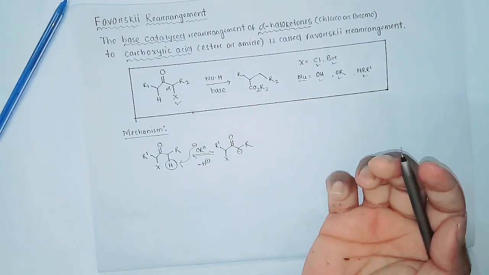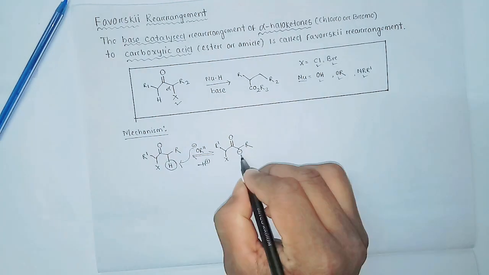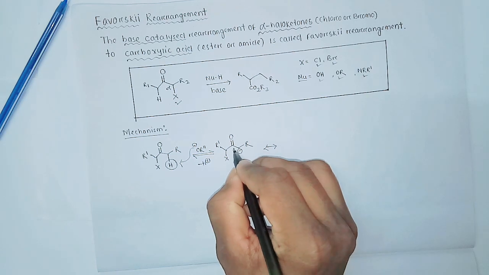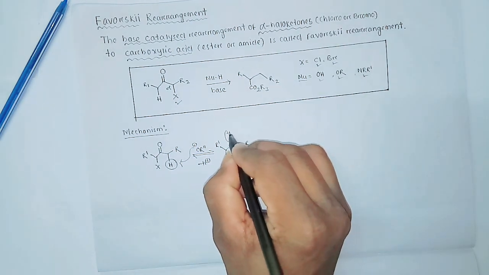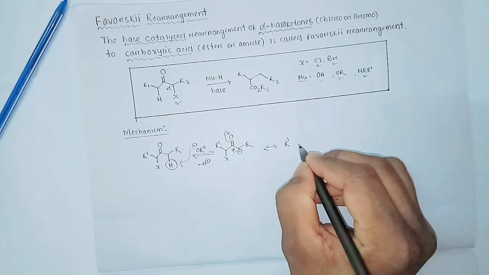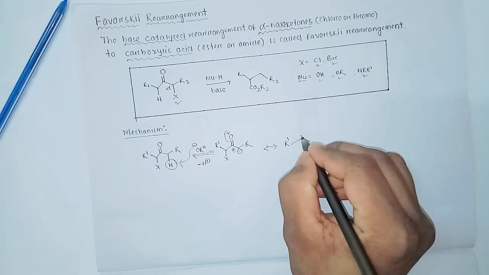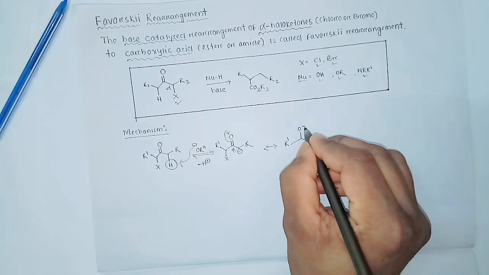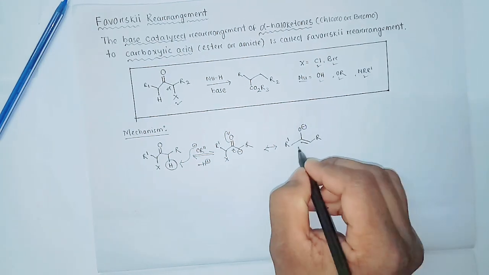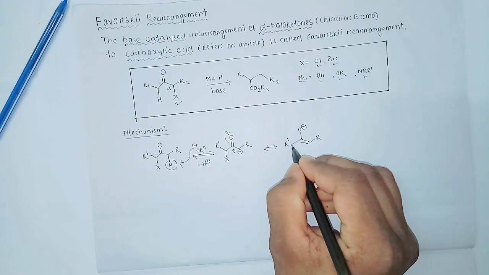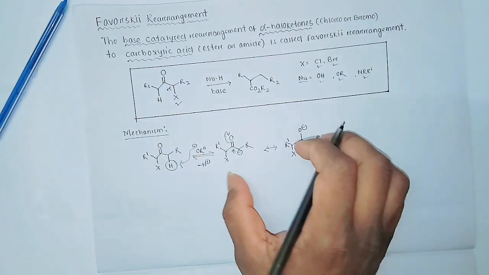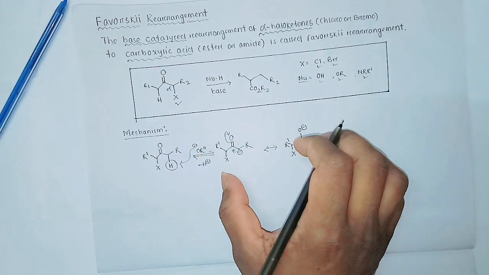Friends, this negative charge will resonate to this side, and this bond will shift towards oxygen. So we get R dash, oxygen O negative, this is the double bond, this is R and this is the halogen group. So these are the resonance structures.